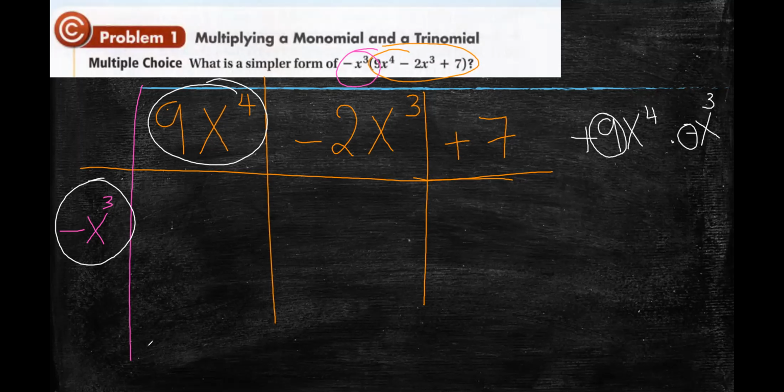Is it right? Yes, it will be negative 9. Then I will multiply these two x's with each other and the exponents will be added. Is it right?